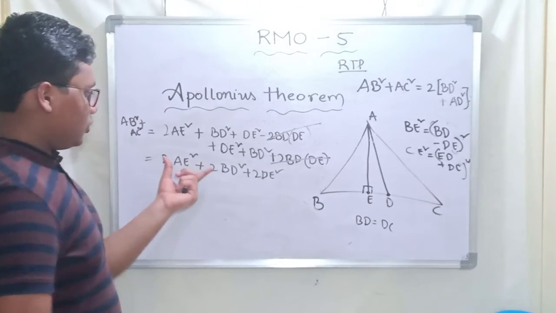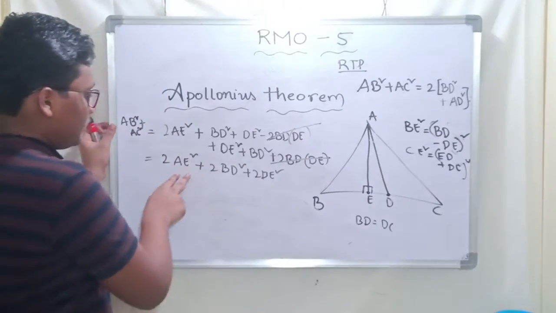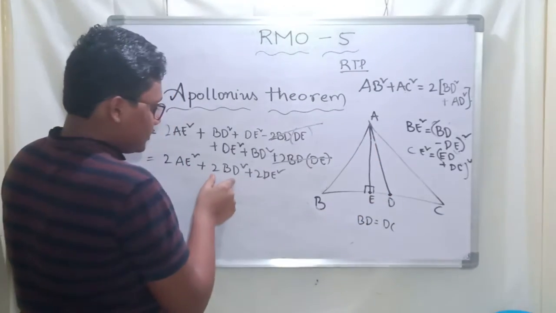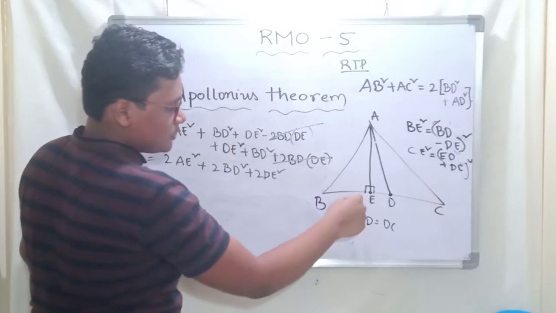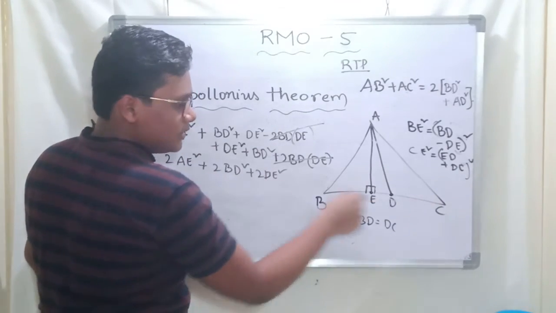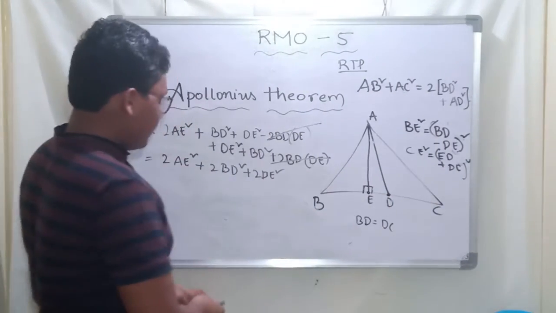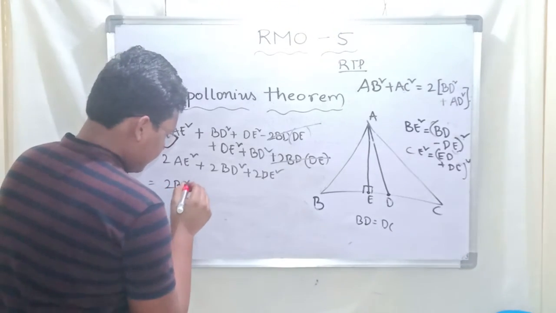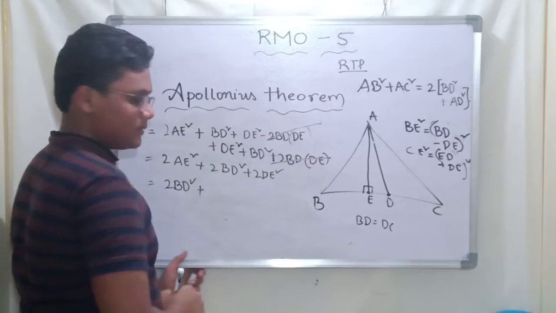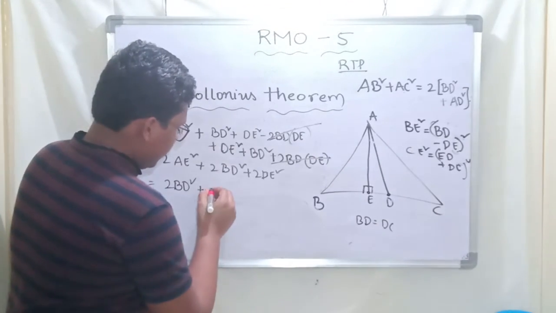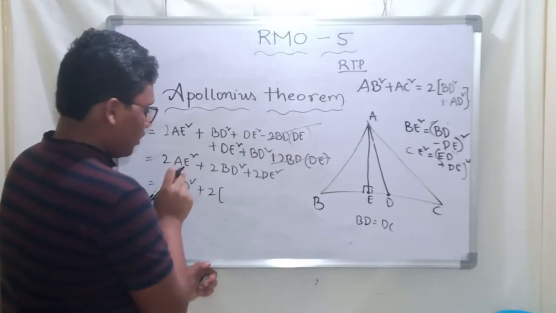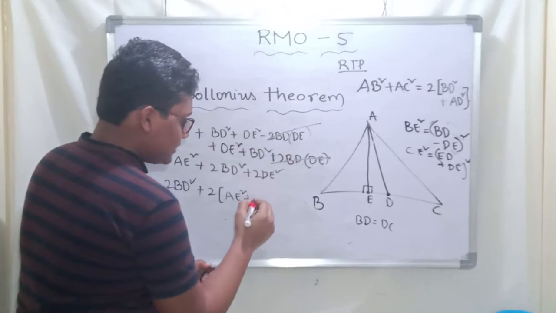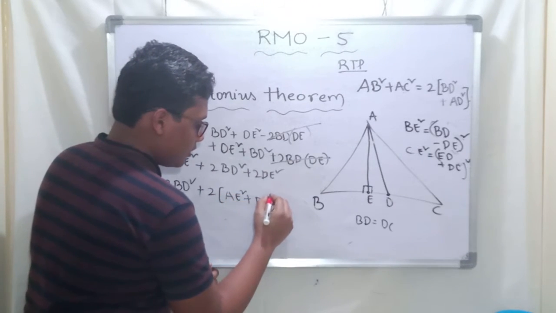Now 2AE square plus 2BD square plus 2DE square. We take 2 in common: 2BD square plus 2 into AE square plus DE square.